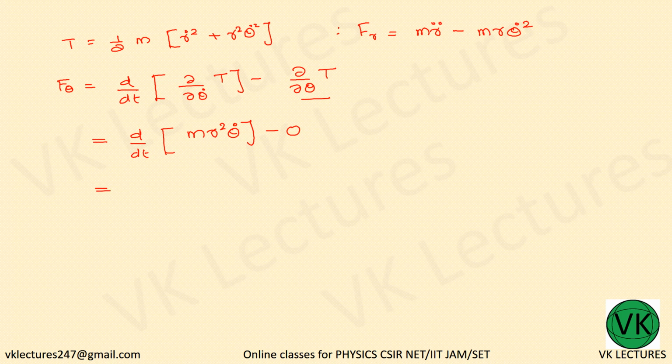So we have to differentiate with respect to t on m r square theta dot. Since r square and theta dot are both variables here, we have to differentiate using the product rule. So taking r square, it becomes 2 m r r dot theta dot plus, with respect to theta dot, m r square theta double dot.